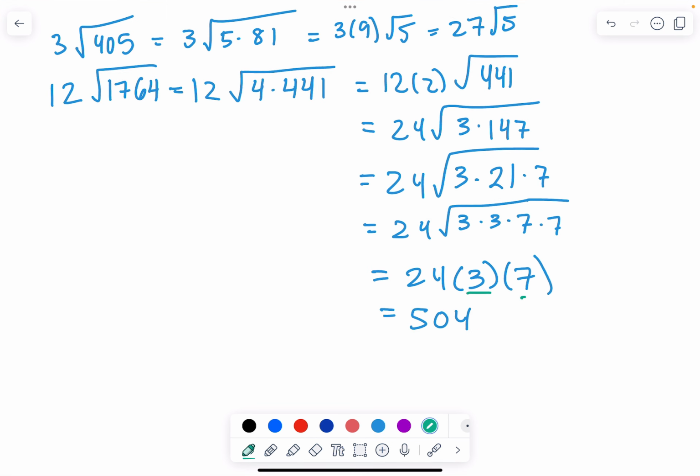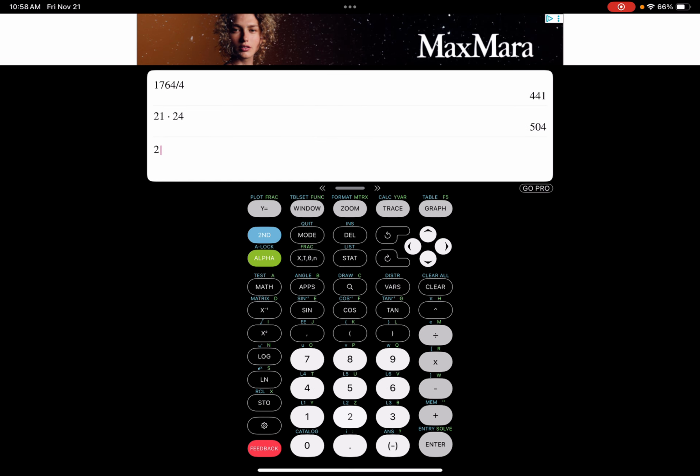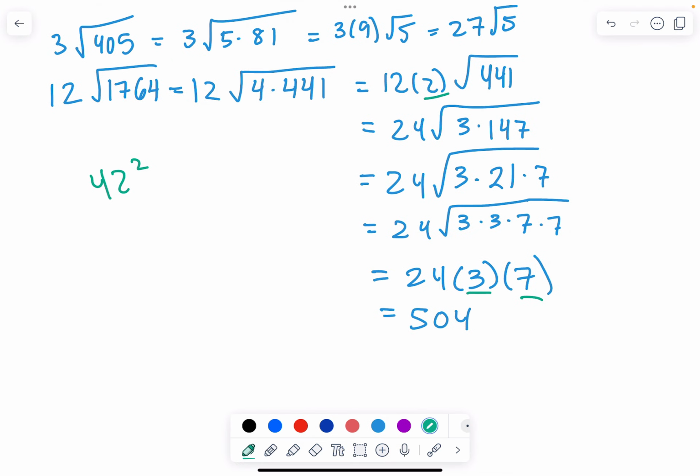We pulled out a 3, we pulled out a 7, and earlier we had pulled out a 2. So what that means is 6 times 7, which is 42. So that means 42 squared is equal to 1,764. And there it is. And that's how you simplify square roots.